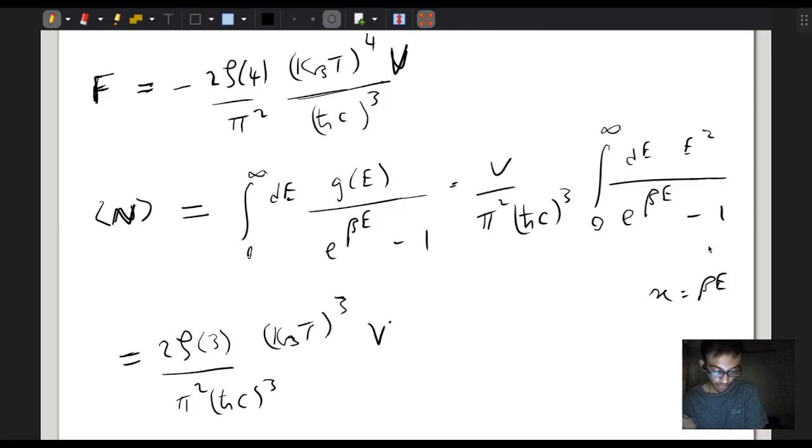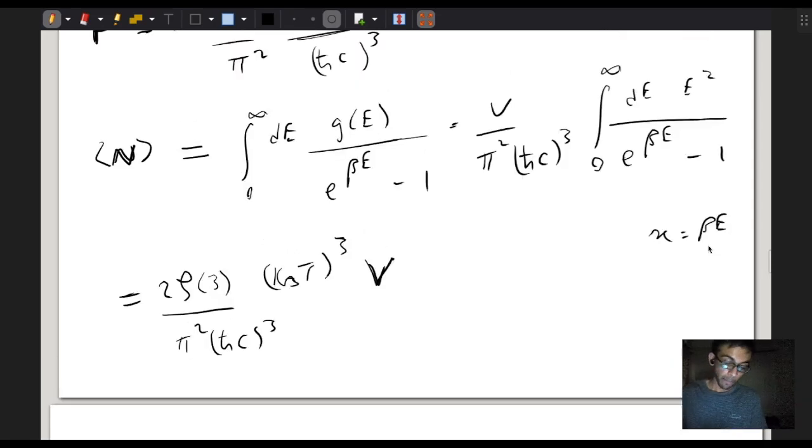This is the mean number of photons at temperature T. We still need the expectation value of energy and the entropy.